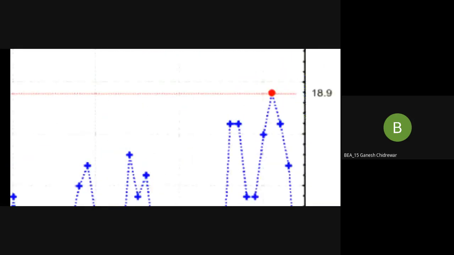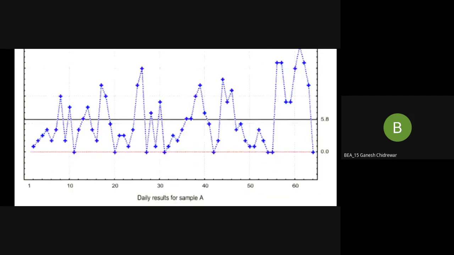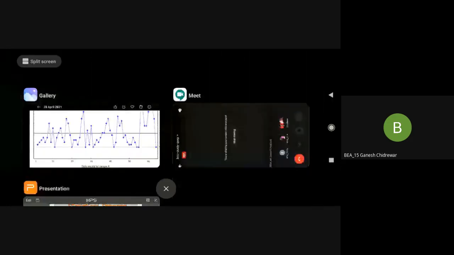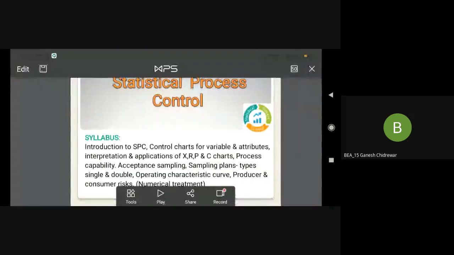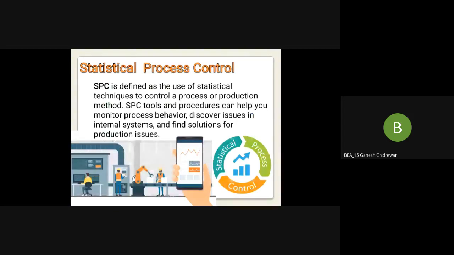For example, this is crossing the upper control limit, so we have to go to lot 16 and check what the error actually is. So this will be useful for the calculations. So this is an example of an R chart.